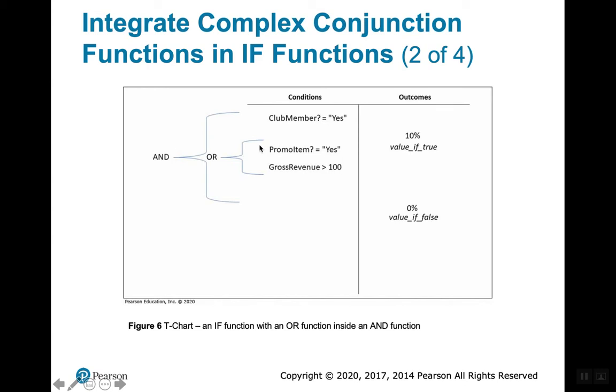That's one condition we have. If either of those are true, and club member is equal to yes, this will be our value. Otherwise, we will return a 0 if false.